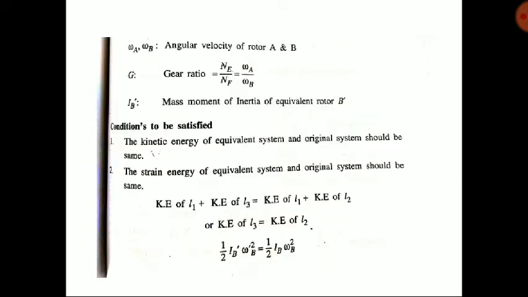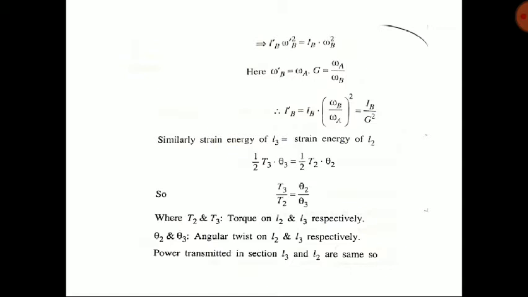So this is the first condition, is kinetic energy of equivalent system and original system should be same. What is the second condition? The strain energy of equivalent system and original system should be same. So similarly, strain energy of L3 is equal to strain energy of L2. That is, strain energy means half T3 theta 3. T means torque, theta means angular twist, which is equal to half T2 into theta 2.